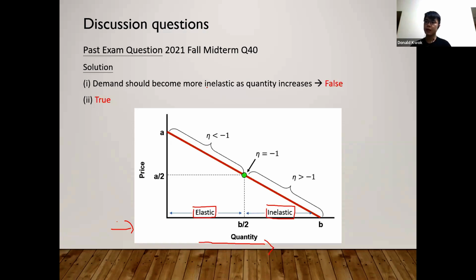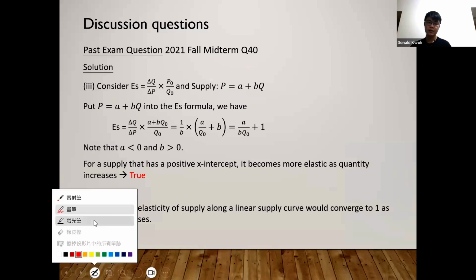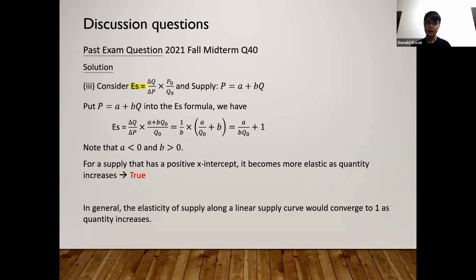Okay, statement 3, supply becomes more elastic as quantity increases if it has a positive x-intercept. So let me use a little bit of math to prove this to you. Okay, so we are considering the elasticity of supply, delta Q over delta P times P over Q, and also the supply function P equals A plus BQ, which is just in the form of Y equals MX plus C. All right.